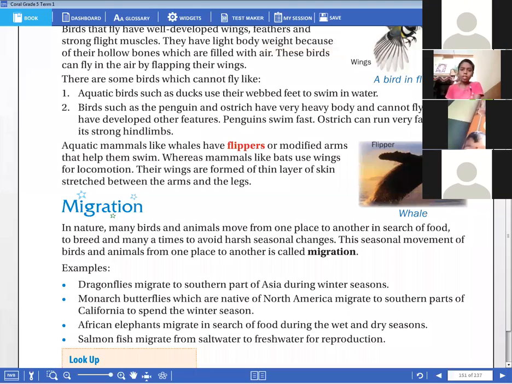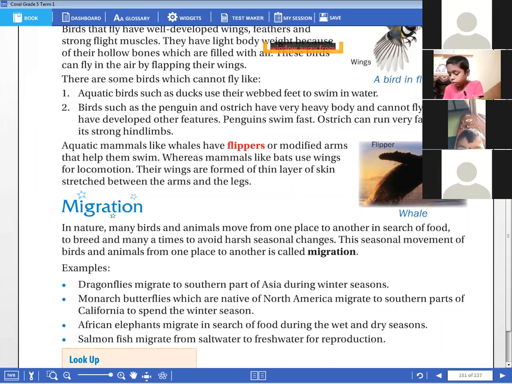But coming to the whale, it is really bigger in size, and those fins turn into big solid structures called flippers, which help them move the water frontward and backward and help them to swim.